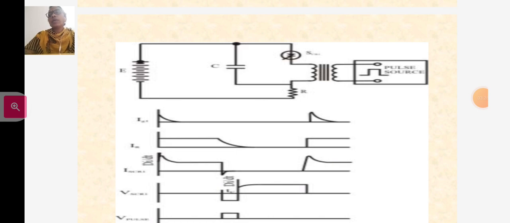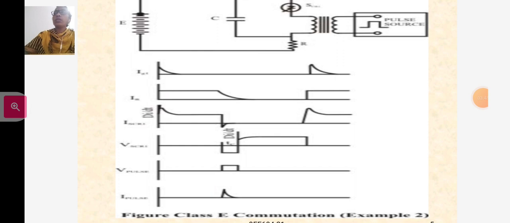This voltage appears as a reverse voltage across the thyristor, and hence the thyristor gets turned off. Once the thyristor is turned off, the load current decays to 0. That will be shown in the waveforms.